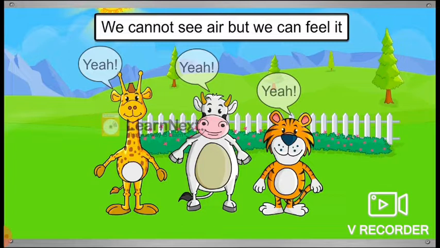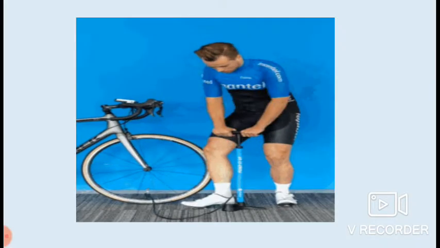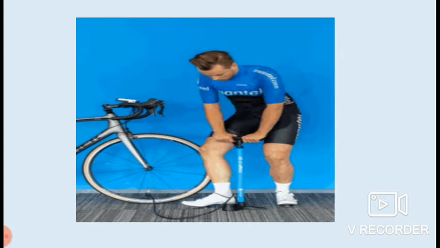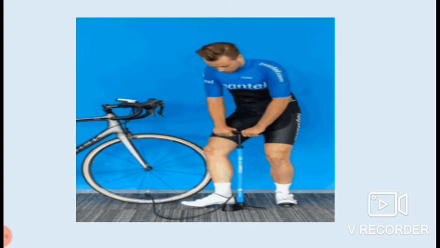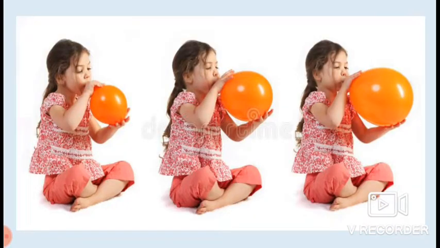Let's see what the people in the pictures are doing. Yes, first picture, a man is pumping air into a cycle tube. Next picture, girls are blowing air into rubber balloons. Third picture, a man is filling air in the tire of a car.